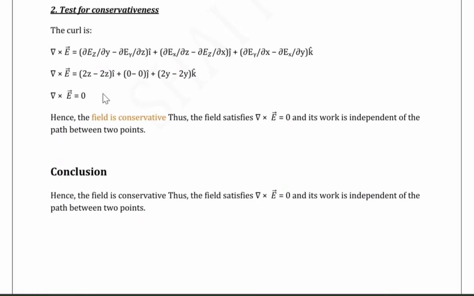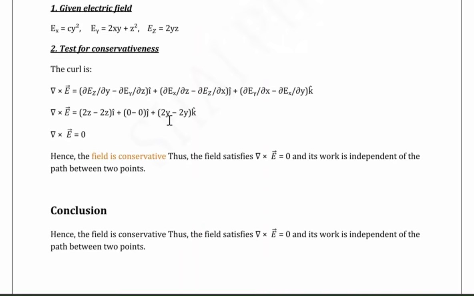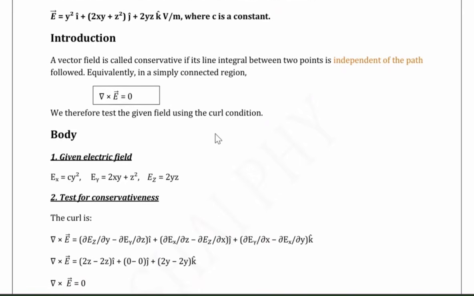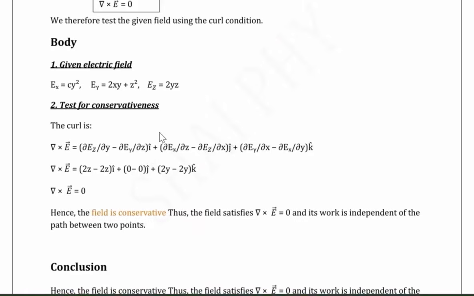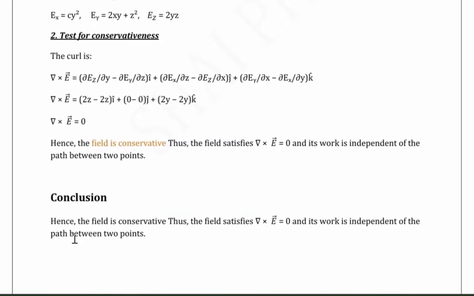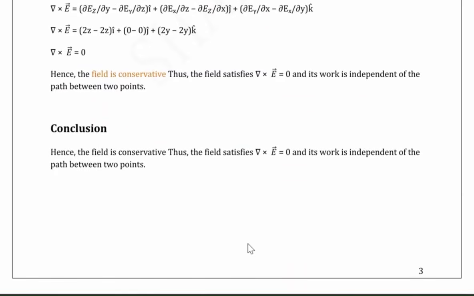We get the curl equal to 0, hence the field is conservative. It is a simple question, but the main thing is the pattern, how you have to present and write the answer: introduction, body with multiple steps, important things highlighted, and finally the conclusion.